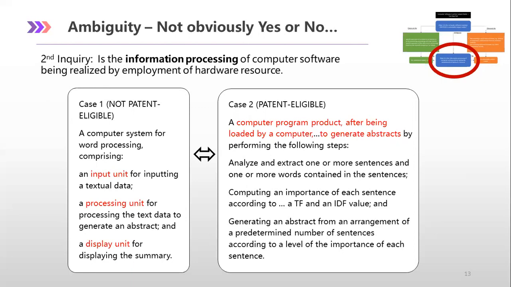And they will help realize the technical means and information processing to generate a text. What is more than that is there is a clear step-by-step method to meet the purpose of generating a text. It presents a specific information processing method, and therefore it passes the second inquiry of the test.